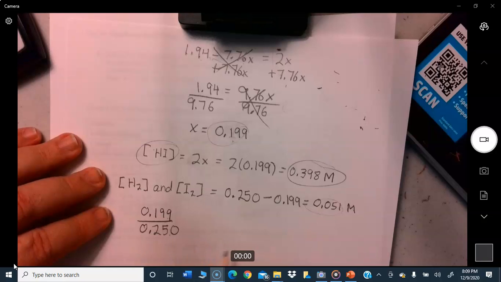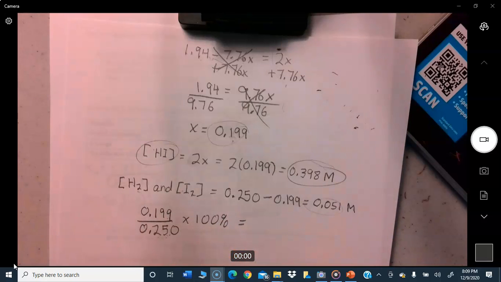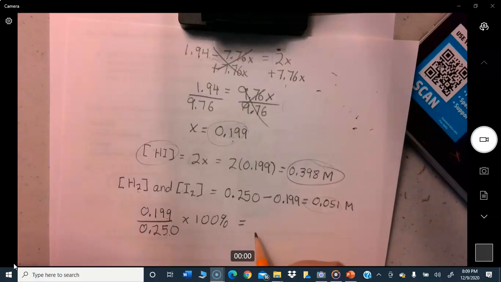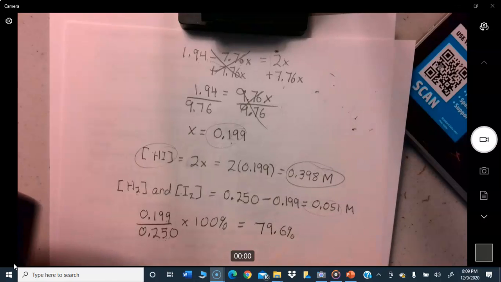You can do it for all initial concentrations. In this case, it's the same for both H2 and I2. Then you multiply that by 100%. And let's see what that gives us. Oh my gosh. 79.6%. That's way over the 5% rule, okay?